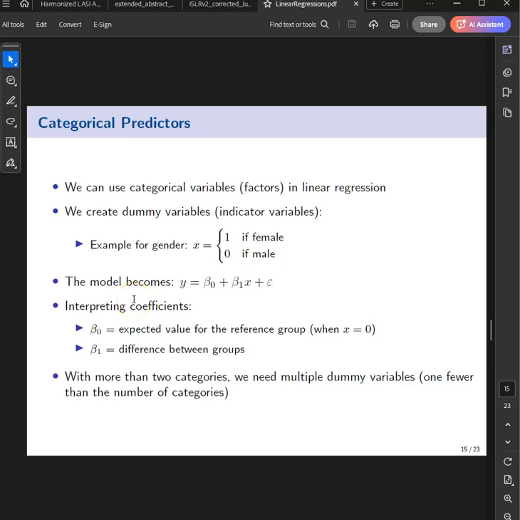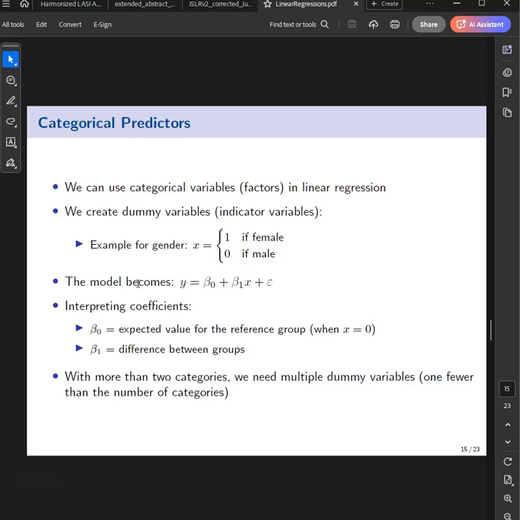So we have worked with continuous predictors so far, which is with variables like size of the house, age, price. But we often deal with data that are more like categories, like gender, product type, or region. Linear regression can handle these too through a technique called dummy variables. With dummy variables, what we do is that we convert categories into zeros and ones.